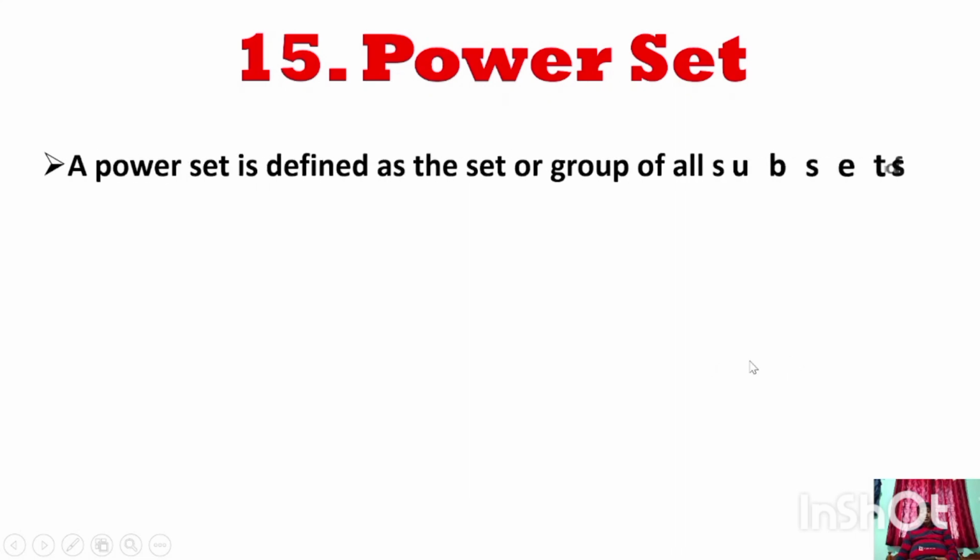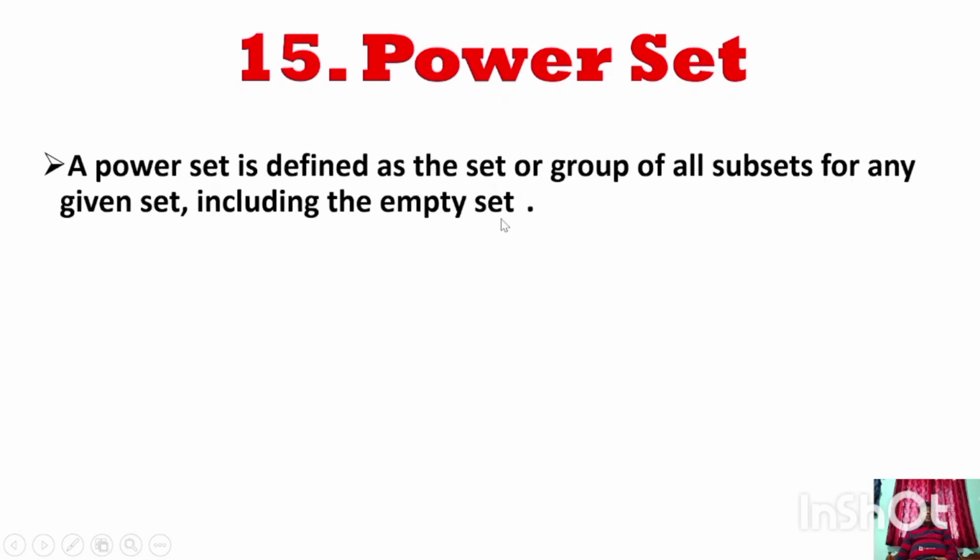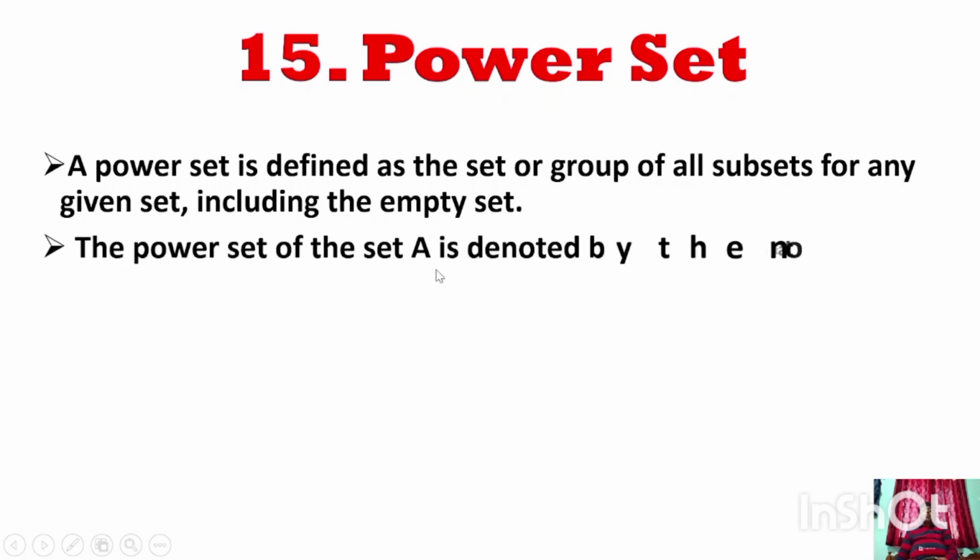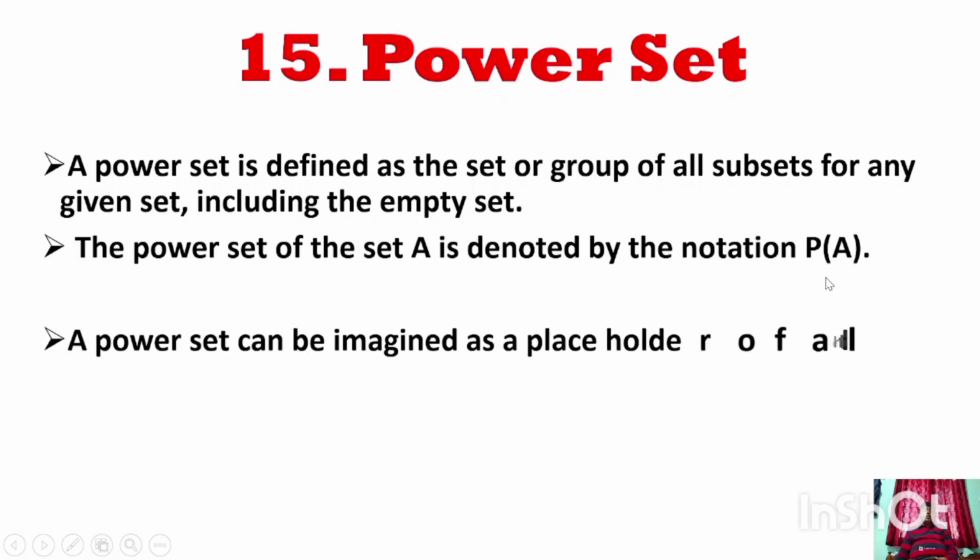Another important point is the power set. One of the most important points in the concept of set theory is the power set. How to find the power set? Let's see. A power set is defined as the set of all the subsets of any given set, including the empty set and the set itself also. The power set of the set A is denoted by the notation P of A, if A is the given set.